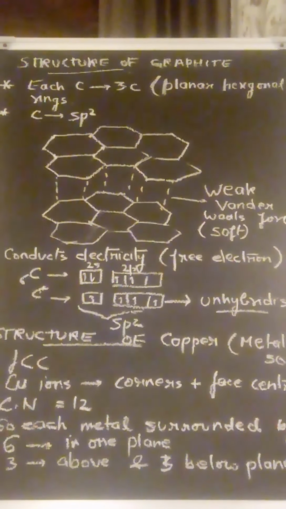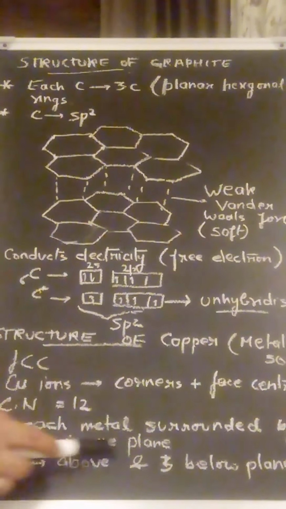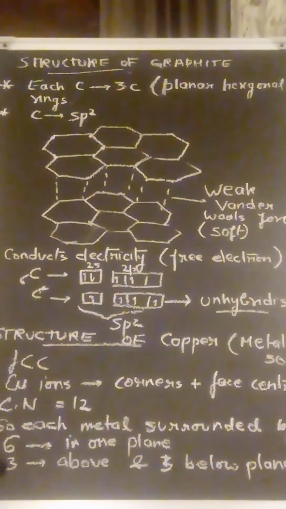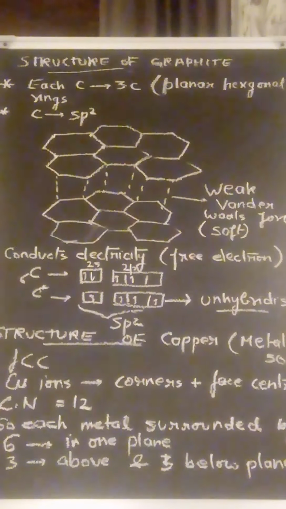So in total, each metal ion is surrounded by 12 other metal ions, in which 6 are in one plane while 3 are above and 3 are below. So this is all you have to study in the structure of copper metal.